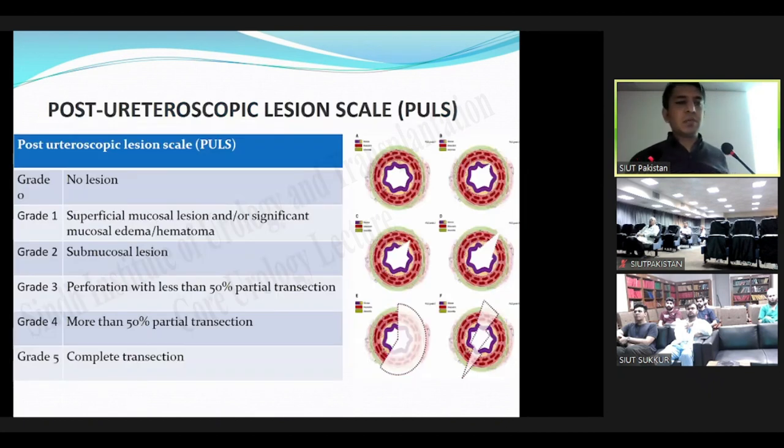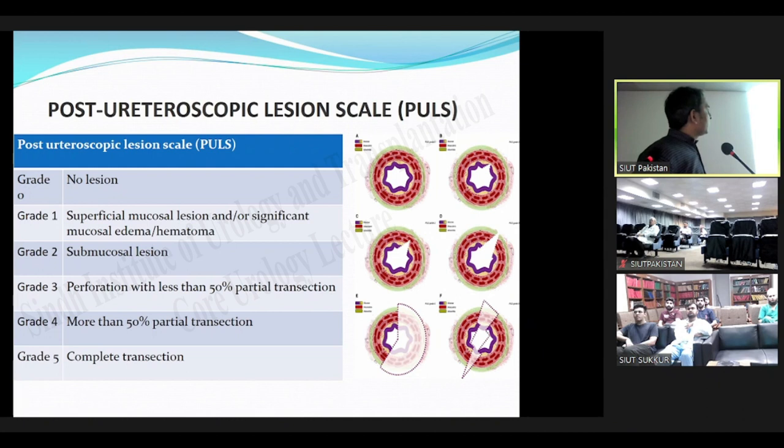And this is the grading system for URS, the ureteroscopic lesion scale. It shows that at grade 0 there will be no lesion, and at grade 1 there will be just a mucosal lesion or significant hematoma or edema.